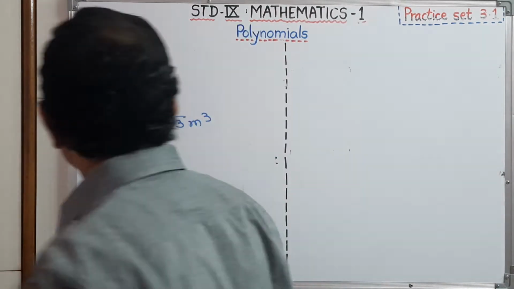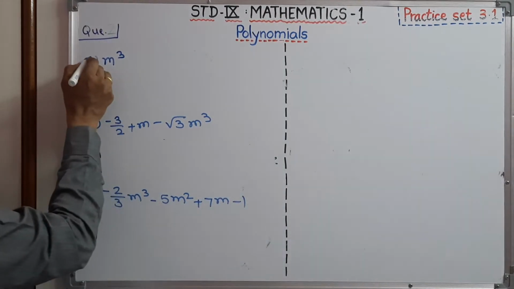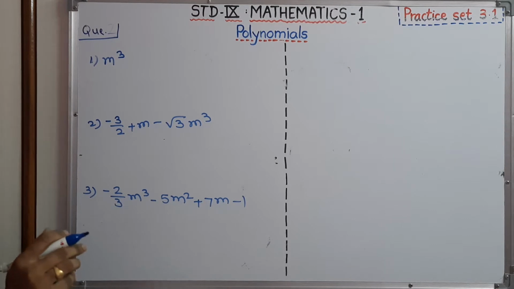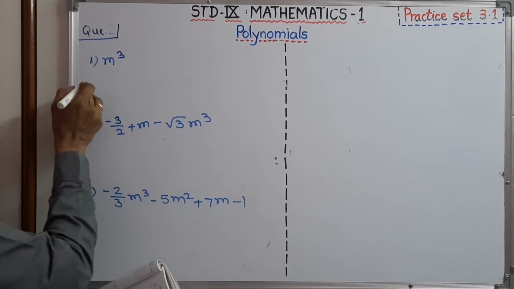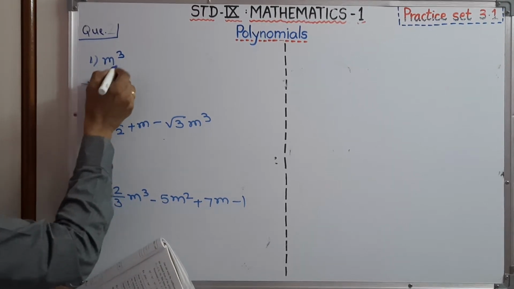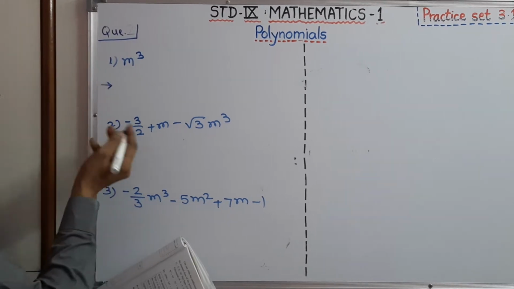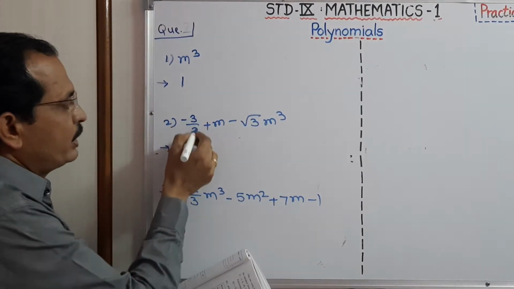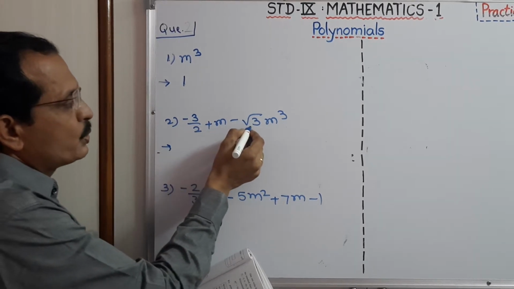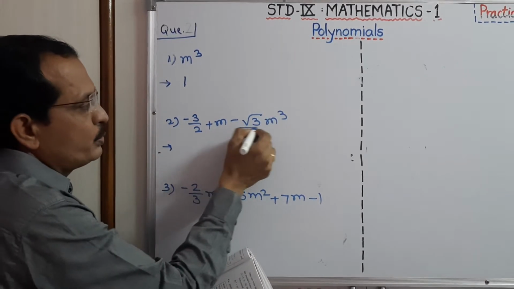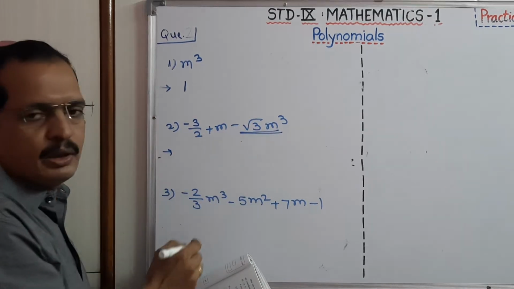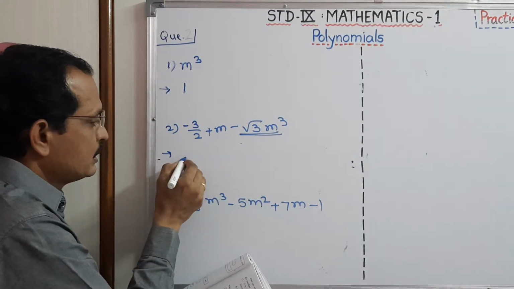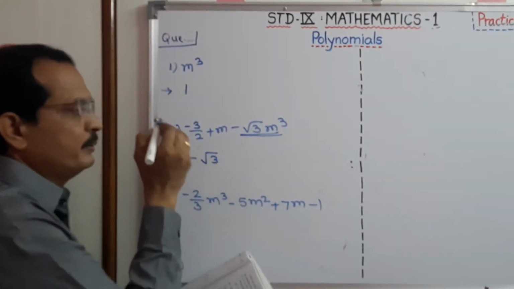That means one term is given, that is m cube in each polynomial, and we have to write the coefficient of that m cube. Now here coefficient of m cube is 1. Very simple. Here minus 3 upon 2 plus m minus root 3 m cube. This m cube is a term. Now tell me the coefficient. Coefficient is minus root 3.